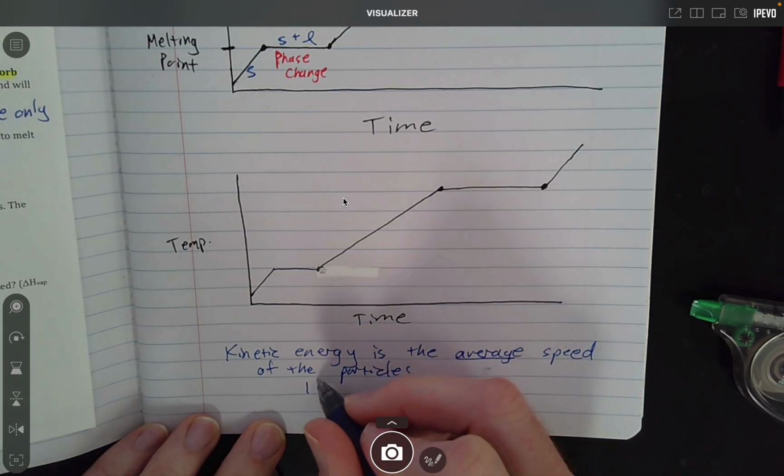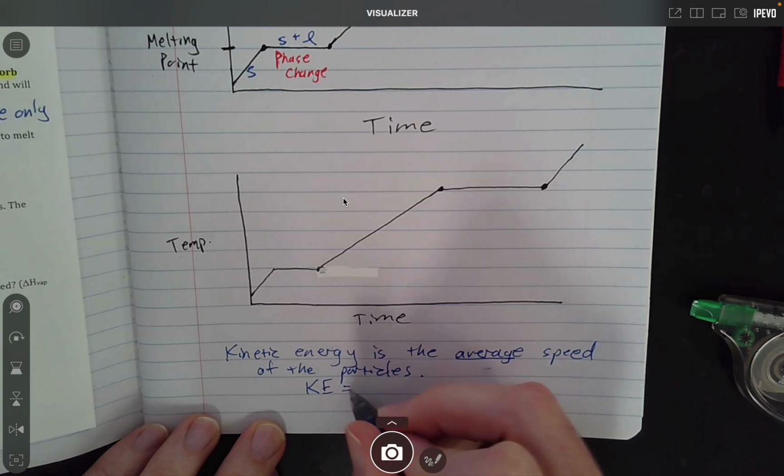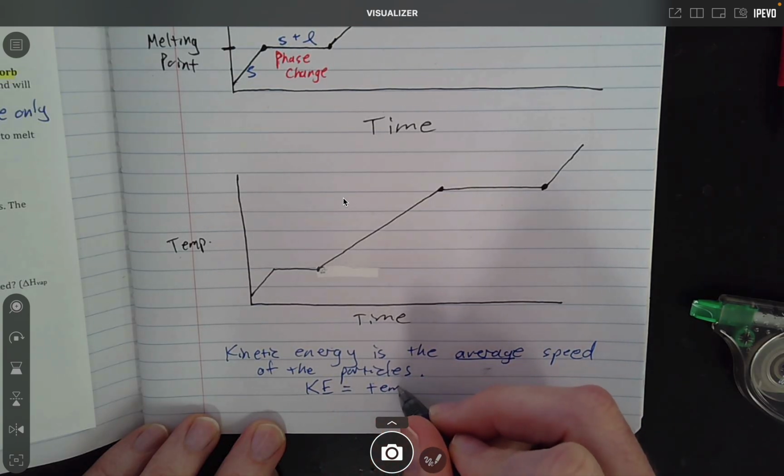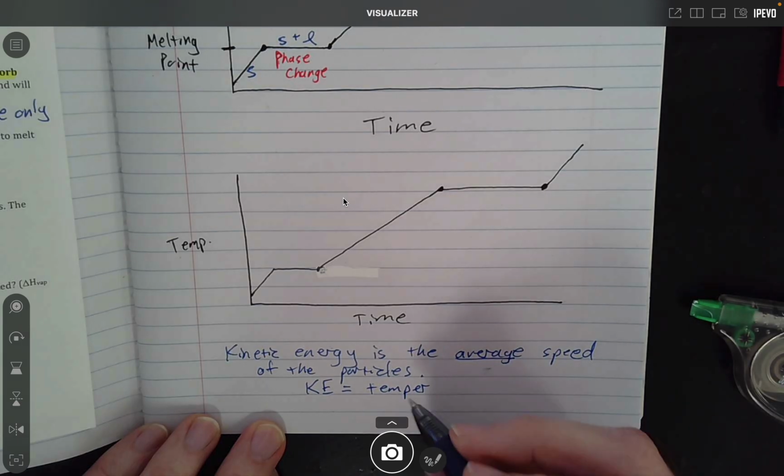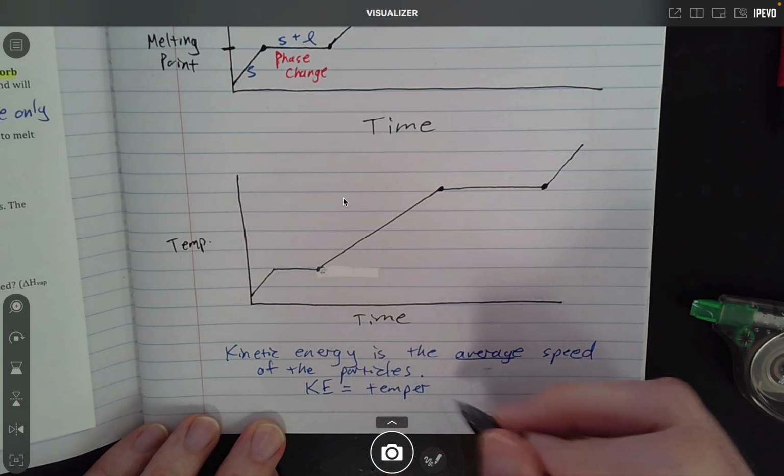And kinetic energy is equal to temperature. So this is how we measure kinetic energy, is we just measure the temperature.